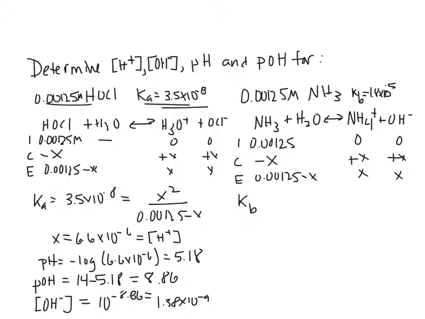But again, since this is a base, I'm worried about the Kb value of 1.8 times 10 to the negative 5. That is going to be equal to X squared, the product of my 2 ions, over my 0.00125 minus X. So I solve. When I do so, I get that X is 1.4 times 10 to the negative 4th.